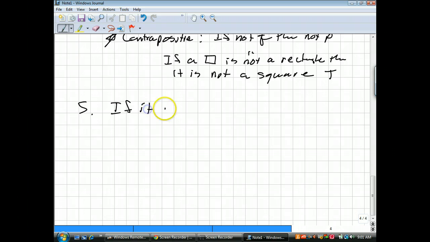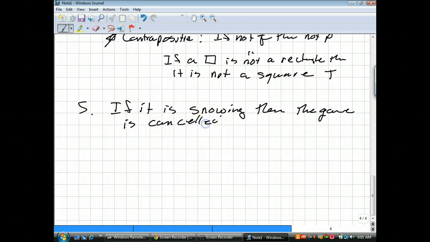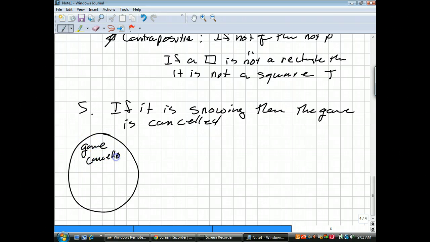If it is snowing, then the game is canceled. Okay, so our big set is game canceled. And one of the reasons we can cancel a game is that it's snowing.